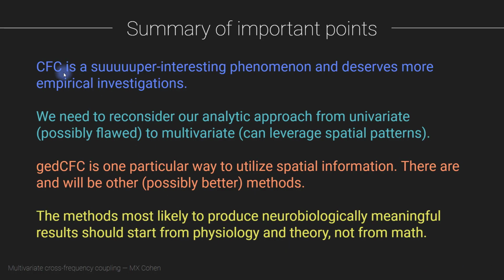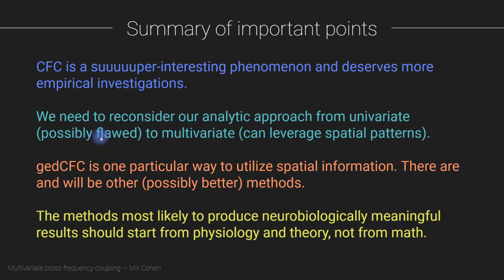So to summarize, cross-frequency coupling is a really, really interesting phenomenon. I and many other people are excited about cross-frequency coupling findings and methods, and I think cross-frequency coupling certainly deserves more empirical investigations and theoretical investigations. However, that said, I think we need to reconsider the dominant approach of univariate cross-frequency coupling measures, which, as I mentioned, are not necessarily flawed.